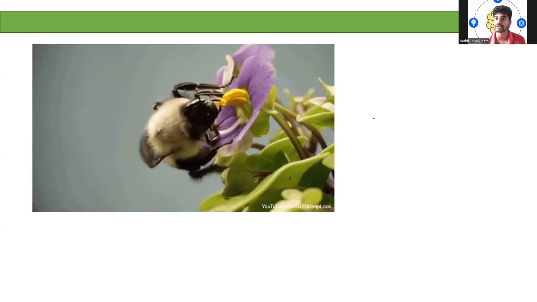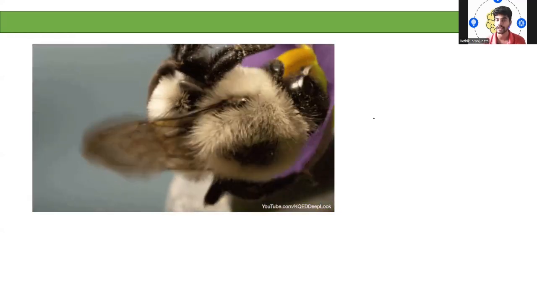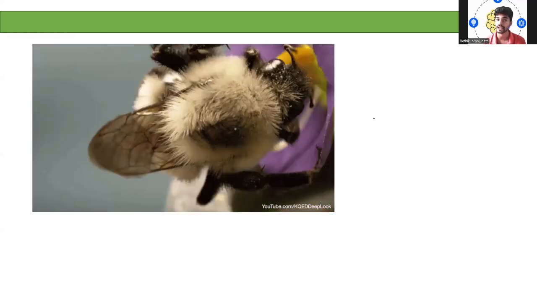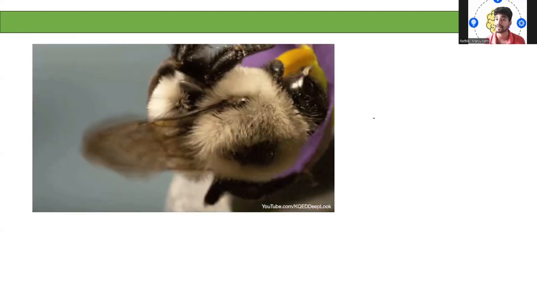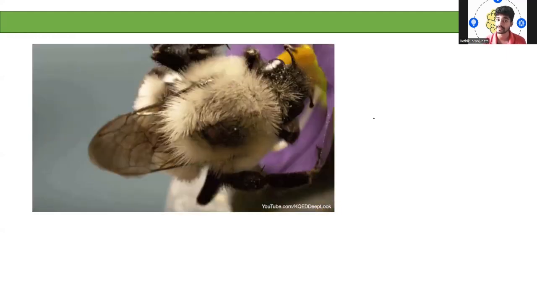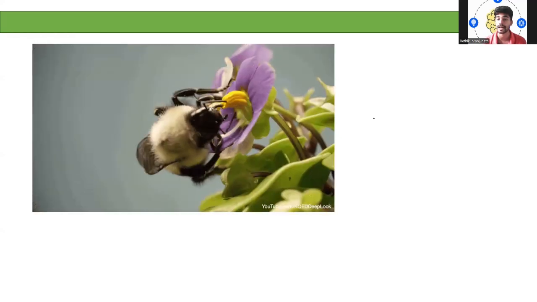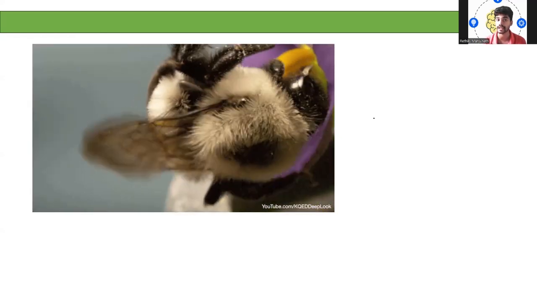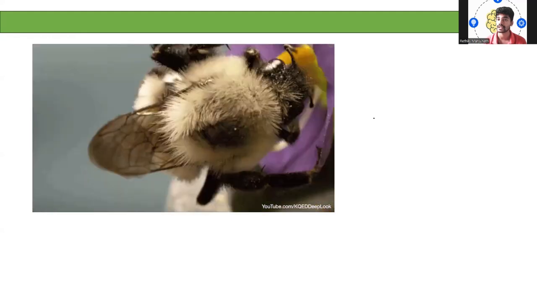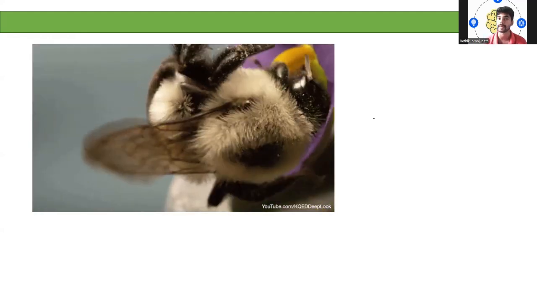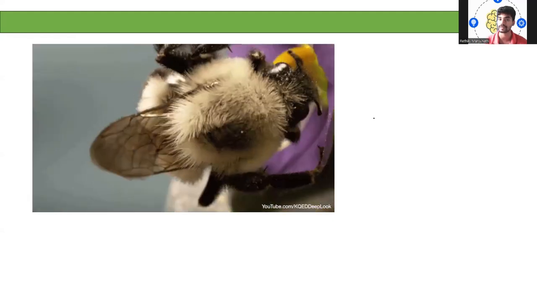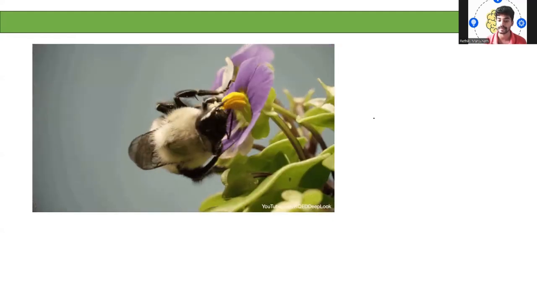The pollen grains should be sticky, right? And it should be more attractive, so the flower should produce inflorescence. It should have nectar so that insects can come and get the nectar. As a result, the pollen grains are carried by the insect from one flower to another flower of the plant.